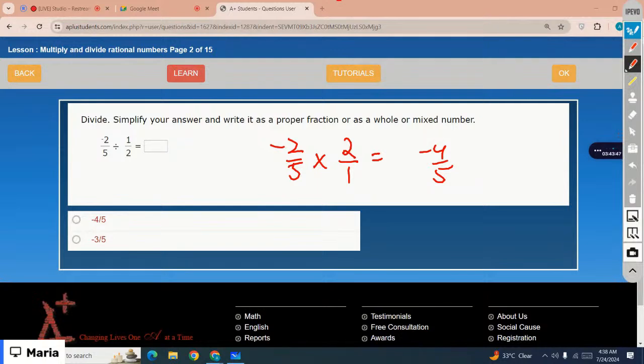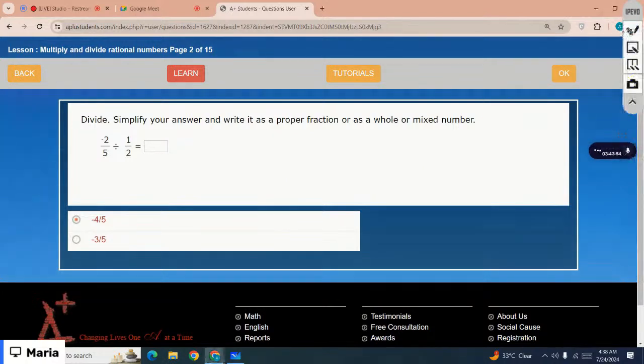The correct option is negative 4 over 5. Option number 1 is the correct option.